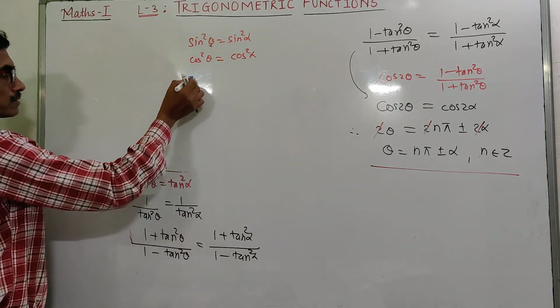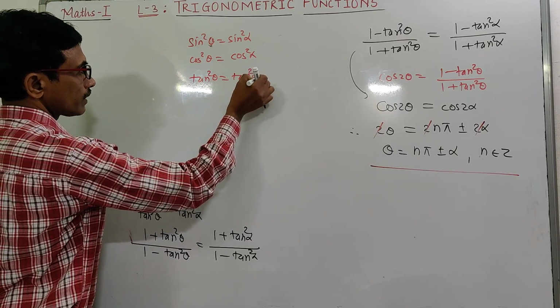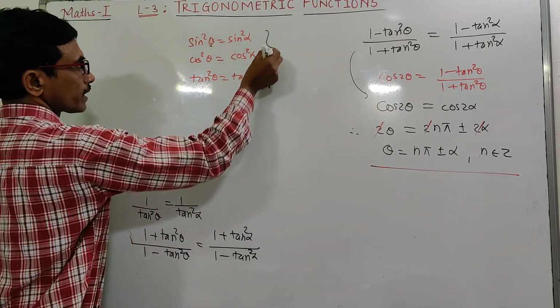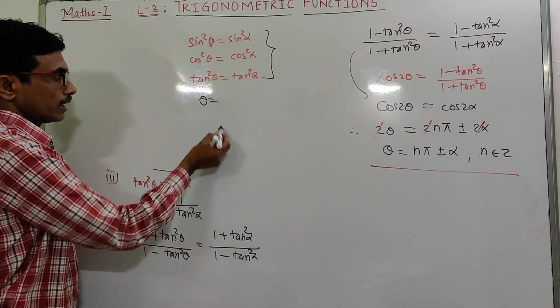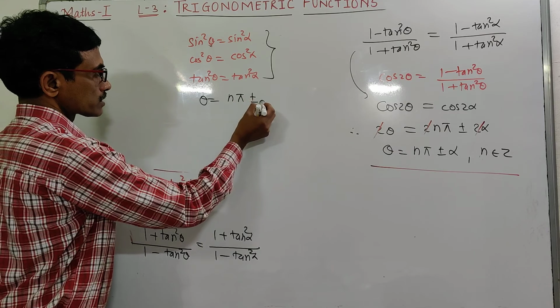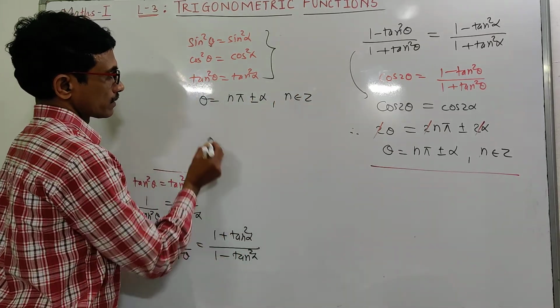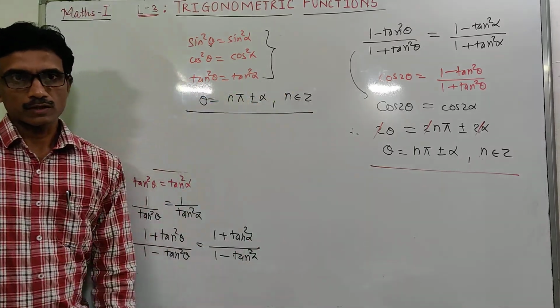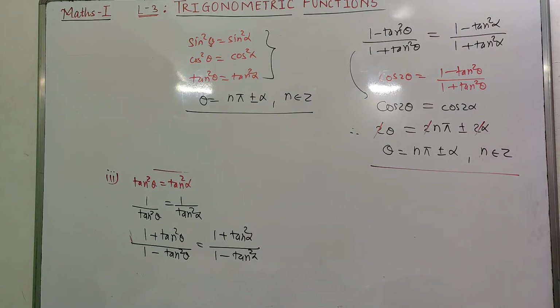And third is tan square theta is equal to tan square alpha. For all these we are getting the same solution, that theta is equal to n pi plus minus alpha, where n belongs to Z. So it is easy to remember that n pi plus minus alpha, where n belongs to Z.